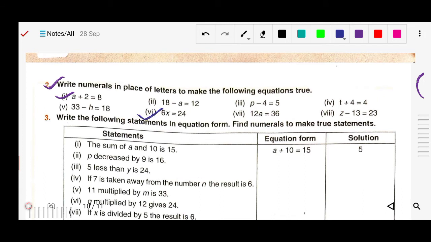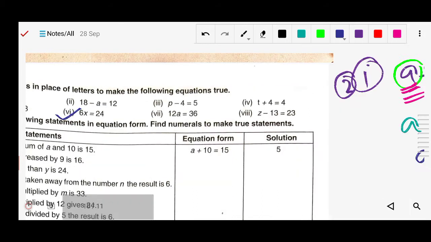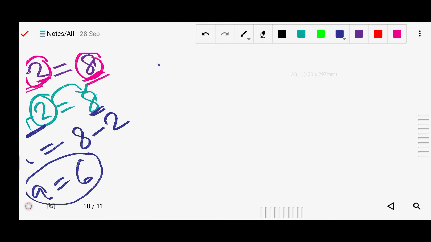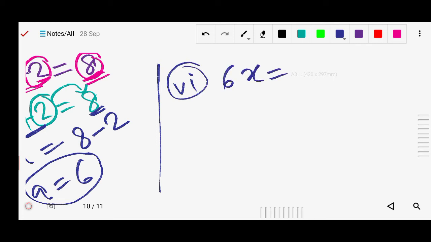Number 6: 6x equals 24. Let's solve this one, very simple. Here 6x means 6 multiplied by x, as you already know.